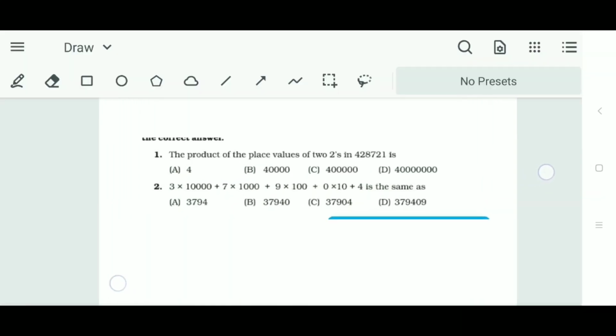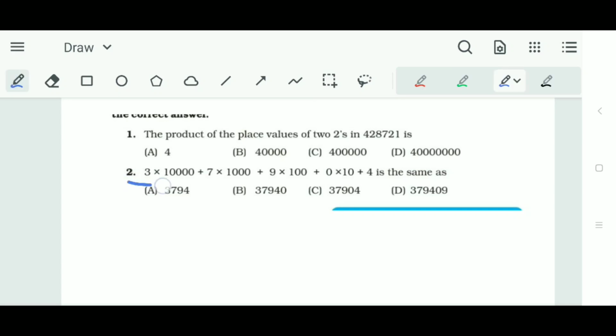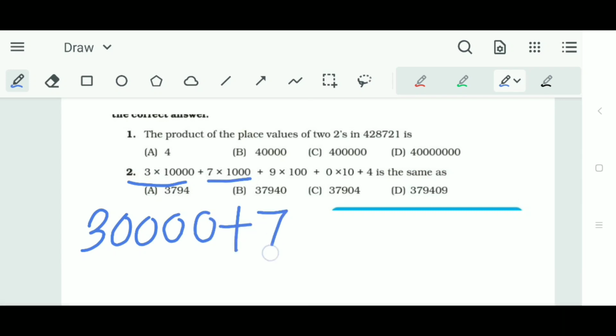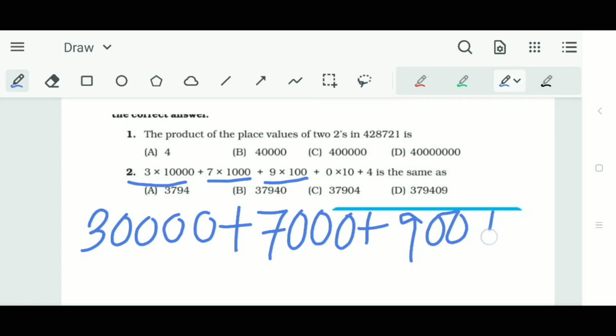You will just take this one. 3 into 10,000 means 30,000. Then 7 into 1000, it is coming 7,000. Then 9 into 100, it is coming 900 only. Then 0 into 10 means 0, then 4.